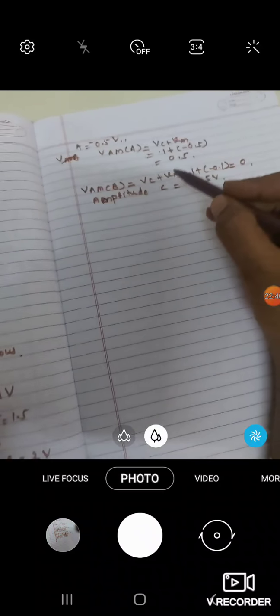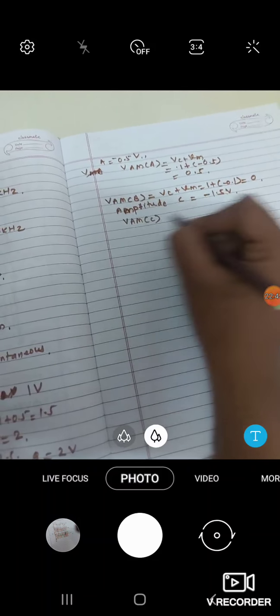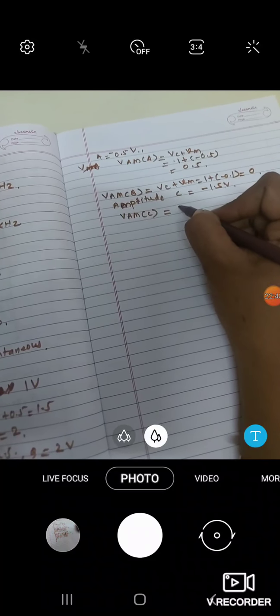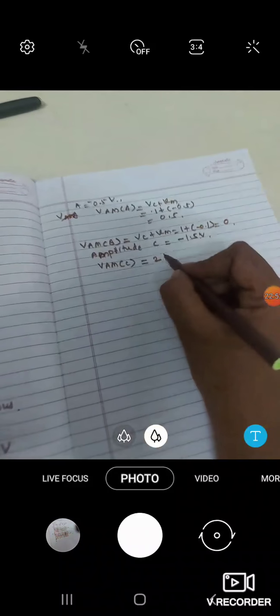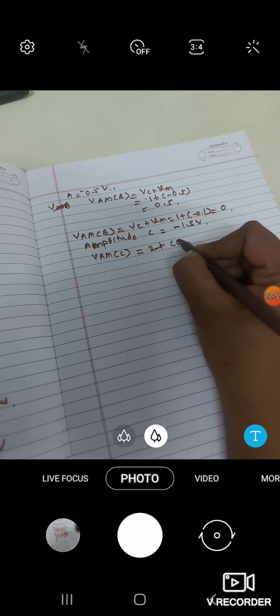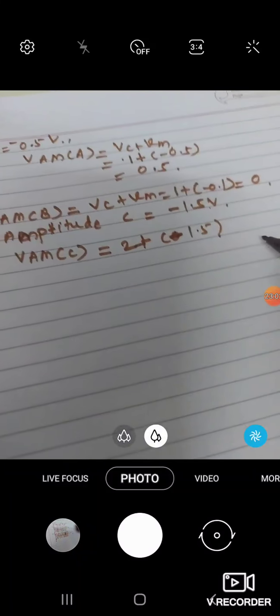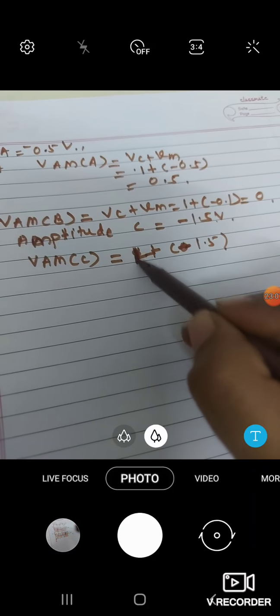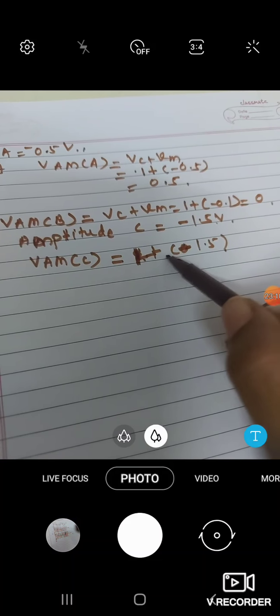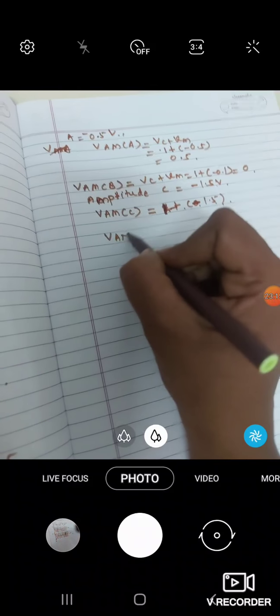So how will you calculate the value of the Vam signal at point C? What is the value of the carrier signal? 1 volt. So it will be given as 1 plus minus 1.5, or I will write here once again Vam at point C.